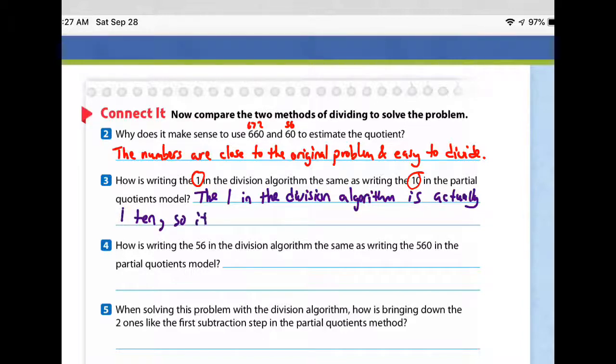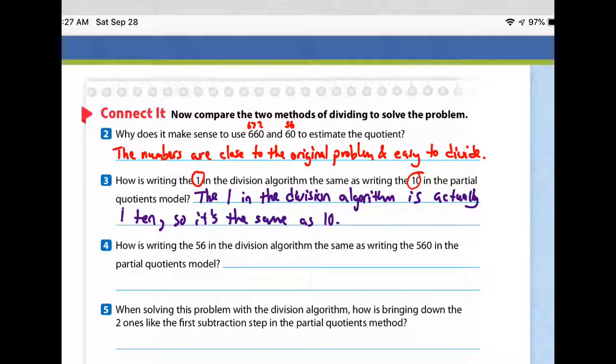So it's the same as 10. So it's actually the same thing, right? Okay. So if you had that wrong or you weren't sure, you can write down my answer. But if you had something in your own words where you're like, okay, that 1 is actually a 10, in your own words, you are good to go. And remember, you can pause this anytime you need to make corrections.